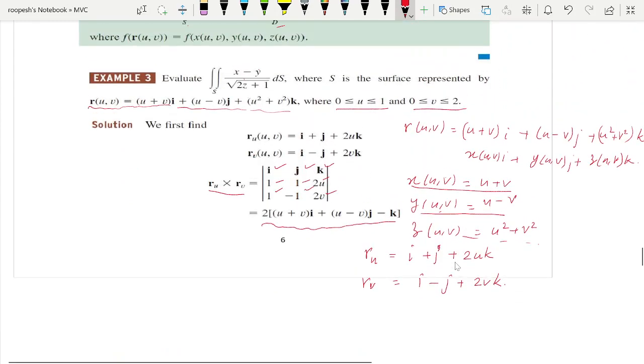The only thing to notice here is that we want to identify x(u,v), y(u,v) and z(u,v). Then find r_u, the partial derivative of r with respect to u, and the partial derivative of r with respect to v. Take the cross product of those, then take its modulus and substitute into our formula.